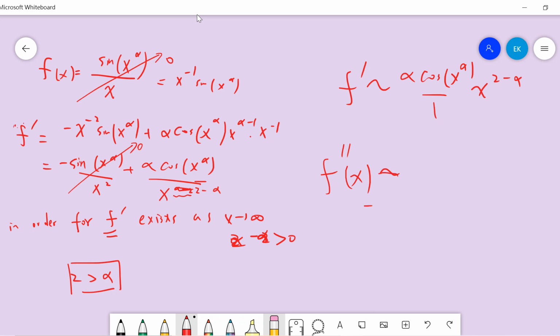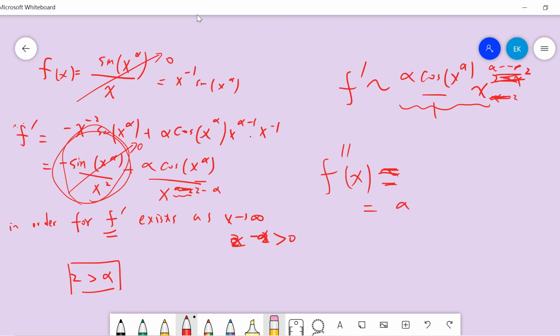For the double prime, I only catch this term because I already know this term. The derivative of the other term will still go to 0. Basically, I can calculate this term, and I can say that this is alpha minus 2. So I can calculate the double derivative.